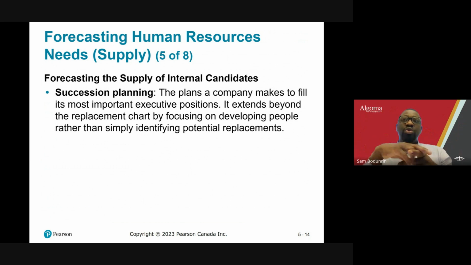We use this to develop human capital, your human resources, so that there won't be any replacement challenge. Whenever a replacement is called for, we already have a successor who is ready to move into that role.